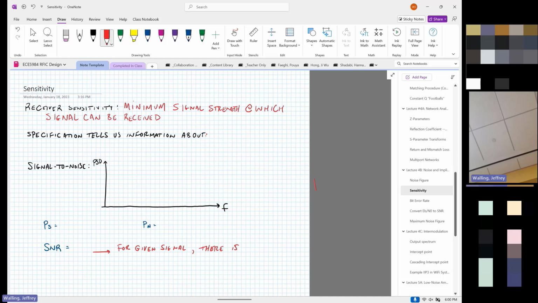And the sensitivity is the minimum signal strength at which the signal can be received. And what we mean by received ultimately is that it has to be both detected and demodulated.